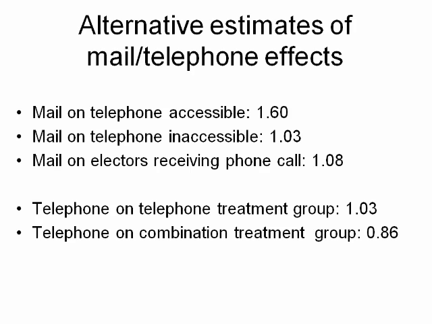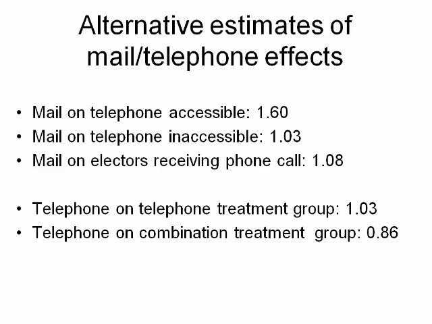One of the issues is there are lots of different ways of estimating treatment effects. So we've got mail on telephone accessible is 1.6 treatment effect. Mail on telephone inaccessible is 1.03.